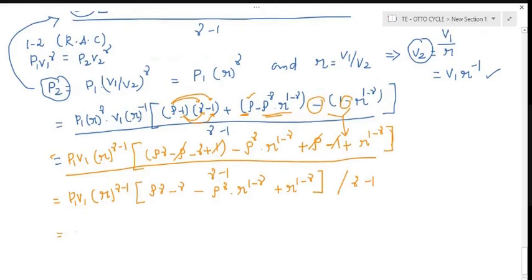So see here again P1 V1 into r power gamma minus 1. Here, taking gamma commonly outside the term, from this gamma, the remaining is rho minus 1, right?